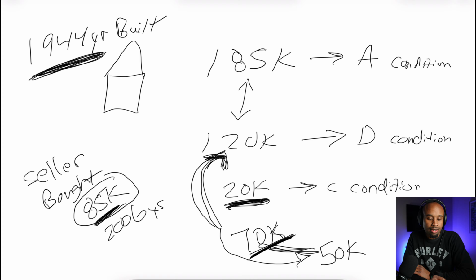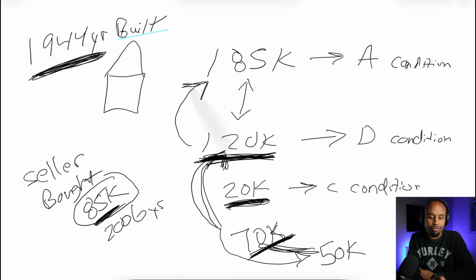But the guy that made the comment about how I did my math, he was pretty mad at the fact that I valued the house at 120. And he was basically saying, why did you value the house at 120 when really this is the true value of the house?